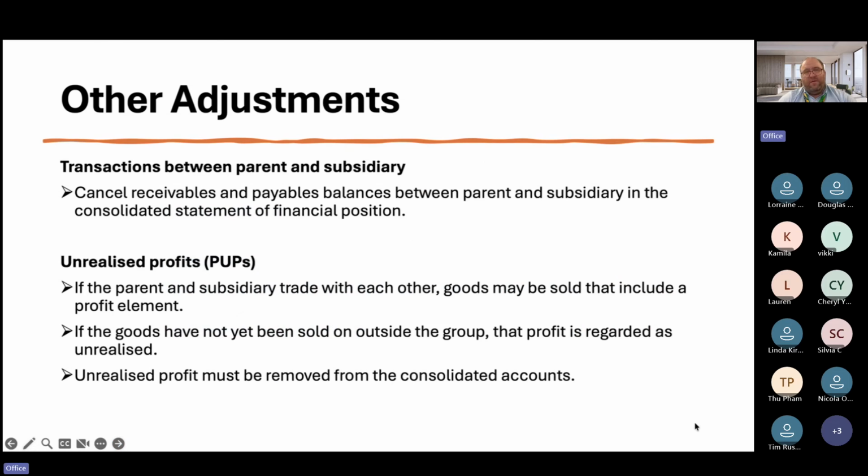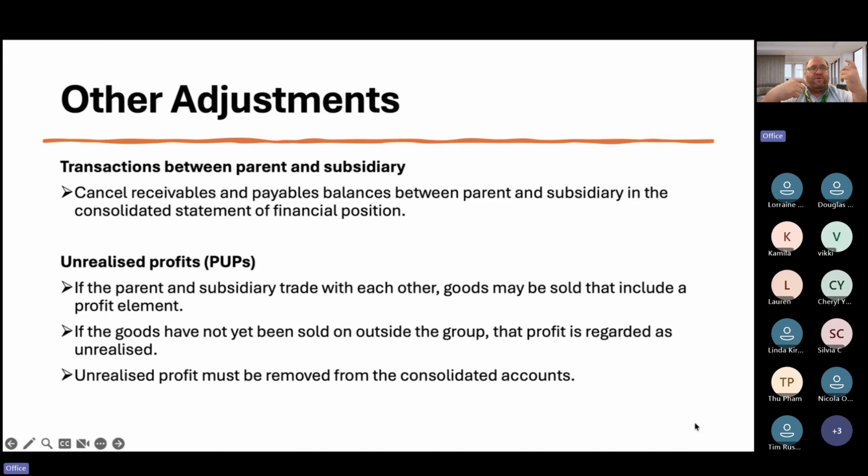Right, so they're the main adjustments you need to make. Generally, your starting position is to just add them together. Add all your assets and all your liabilities, line by line, and that's your starting point. Then you're going to essentially contra off the investment.